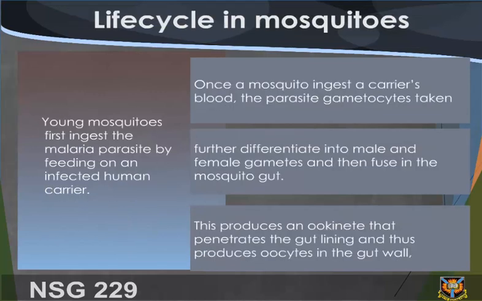Life cycle in mosquitoes. Young mosquitoes first ingest the malaria parasite by feeding on an infected human carrier. Once a mosquito ingests a carrier's blood, the parasite gametocytes further differentiate into male and female gametes and then fuse in the mosquito gut. This produces an ookinete that penetrates the gut lining and thus produces oocysts in the gut wall.